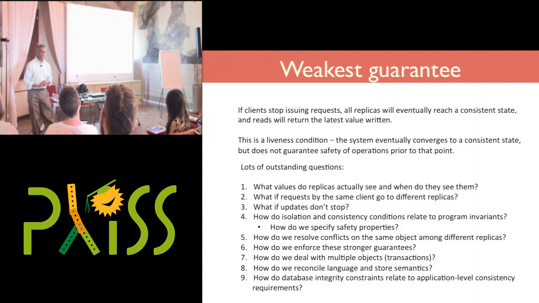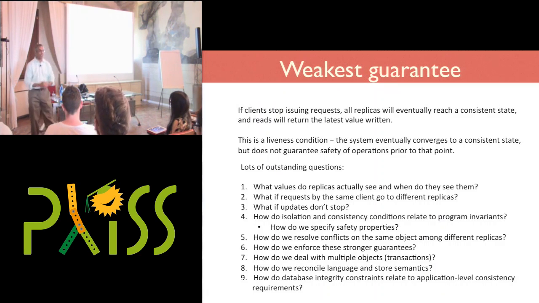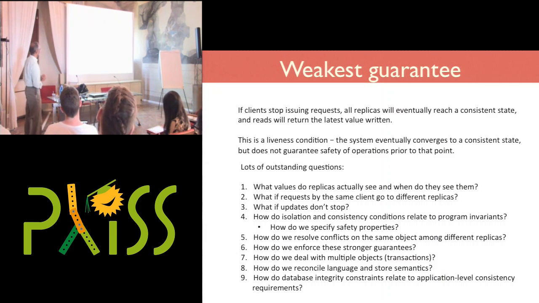Am I obligated to have the client be responsible for doing the synchronization and doing all the heavy lifting to get that done? Or are there things that a runtime system or a compiler or a program analysis or any other tools that sit below the client can do to provide these stronger guarantees?